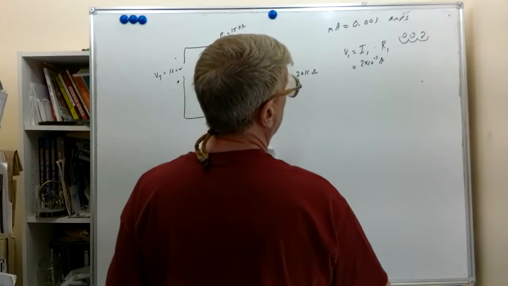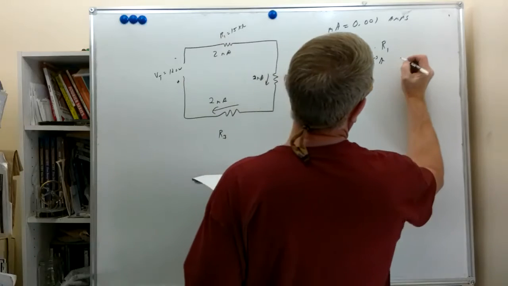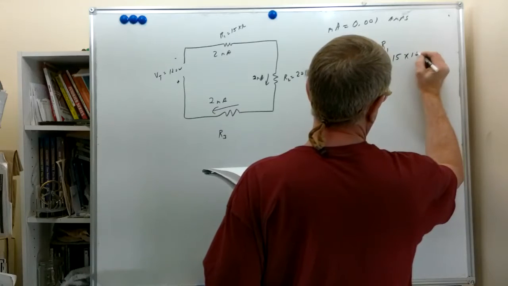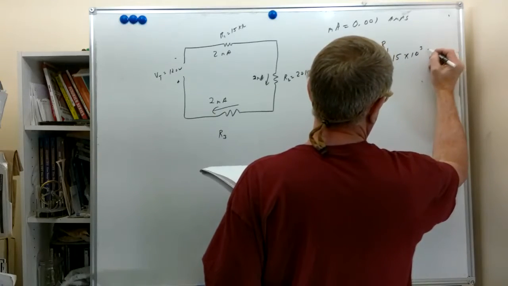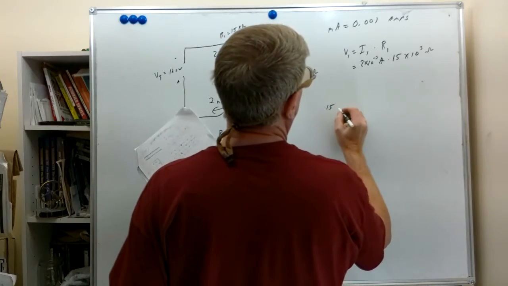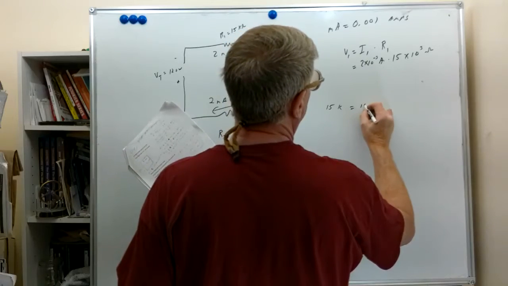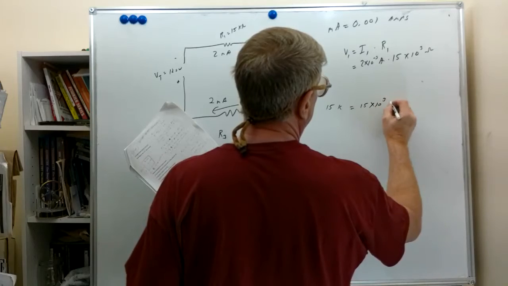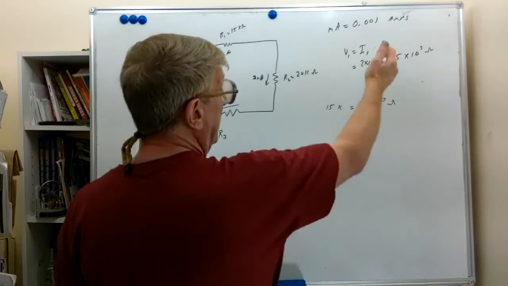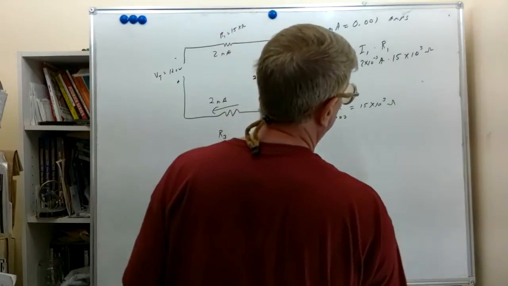And we could take this R1, which is 15,000 ohms, and write that as 15 times 10 to the third ohms, because 15k ohms is equal to 15 times 10 to the third ohms. Well, that's basically moving the decimal place 3 places to the right instead of the left like we did up here.